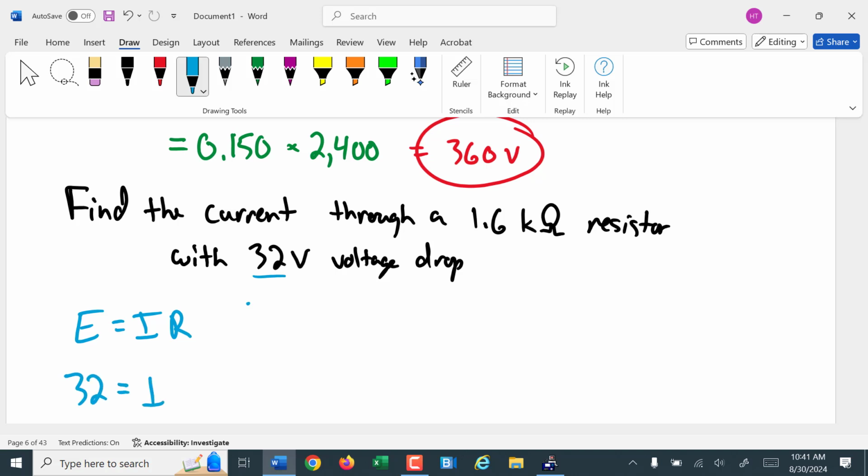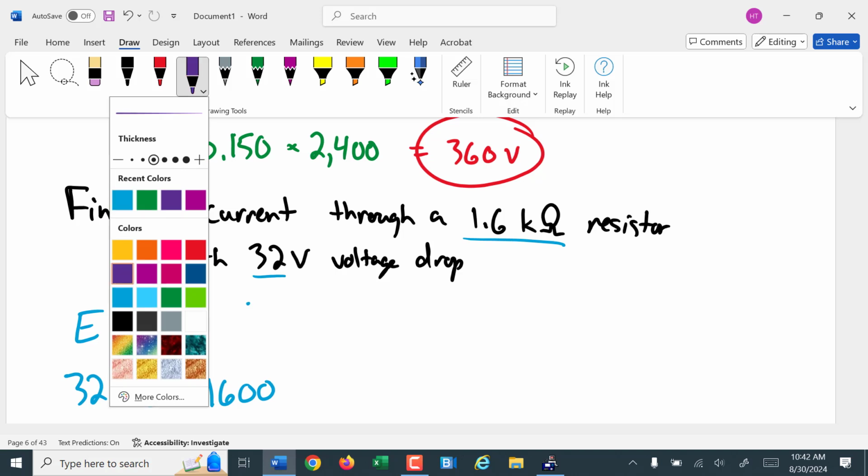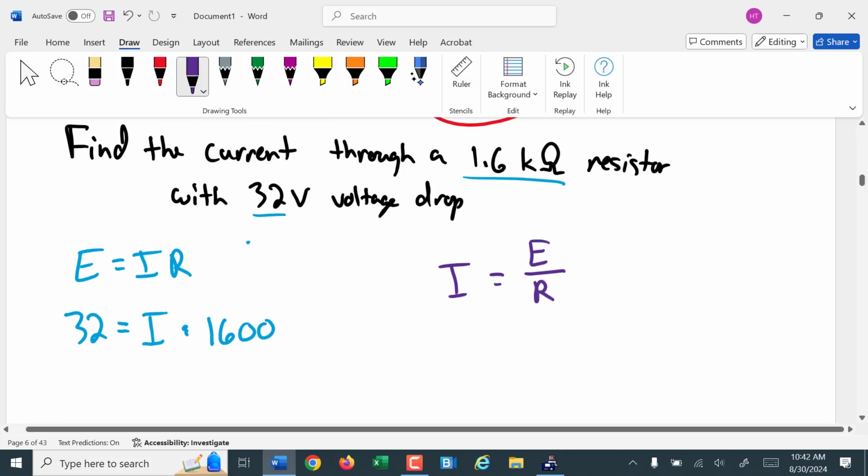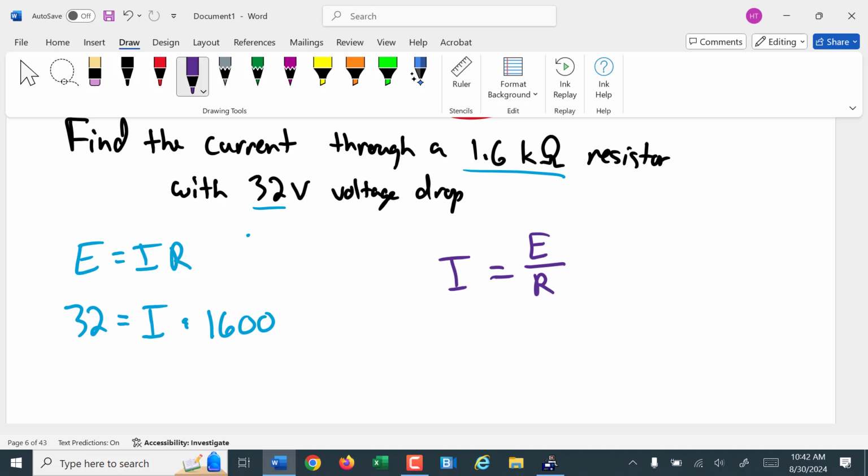So I could still use E equals IR. I'd put the 32 in for the voltage. I'm looking for the current. 1.6 k ohms would go in as 1,600. And I would solve for I by dividing by the 1,600.